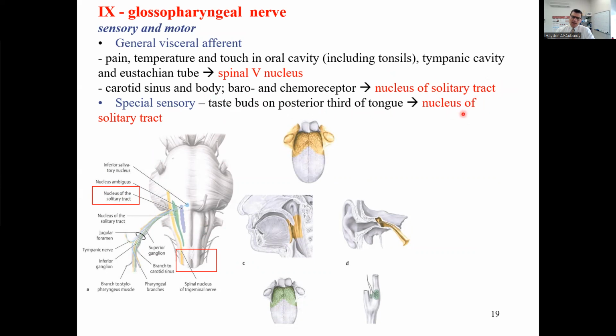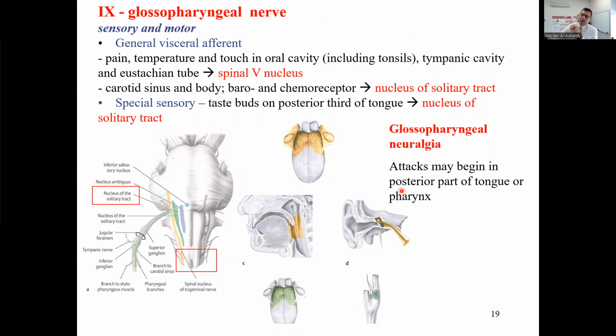The synapses here are through the nucleus of the solitary tract as well. Again, similar to the previous slide, much more detail is included in the relevant textbook. You are very welcome to go there and look for more details. But for assessment purposes, I wouldn't expect you to know more beyond this.